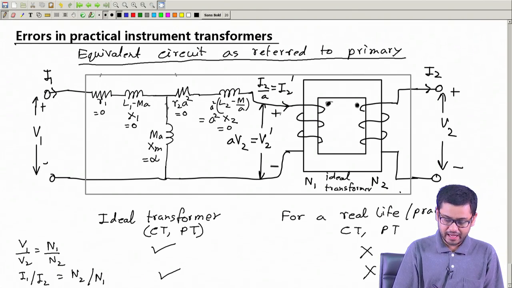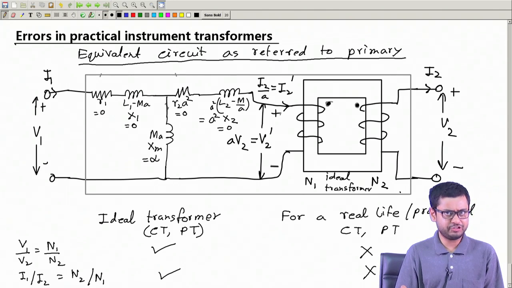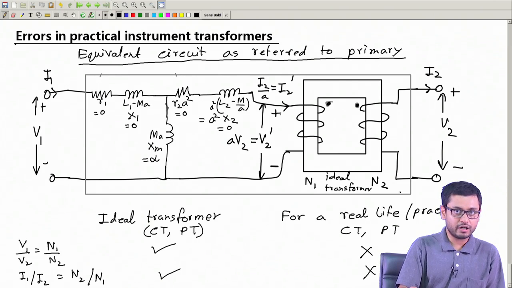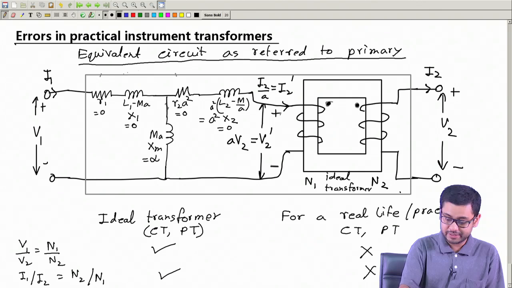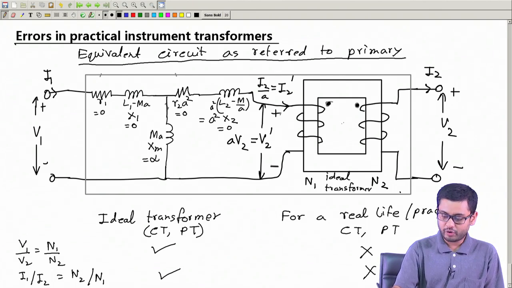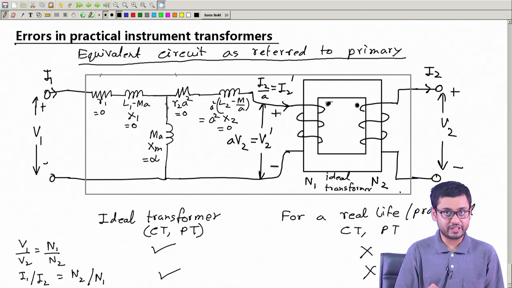You might have seen a slightly different equivalent circuit in your books or in college, where we have possibly seen only this part. Possibly you haven't seen this ideal transformer added in the equivalent circuit, but that is not actually different, it is the same as what I am drawing now.